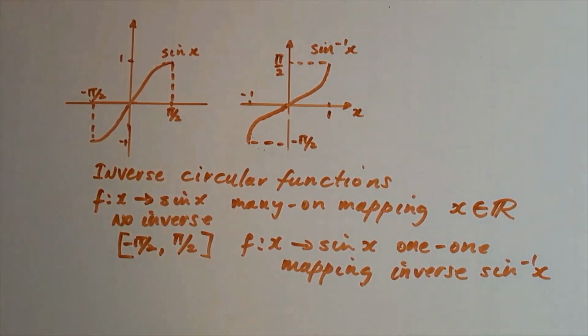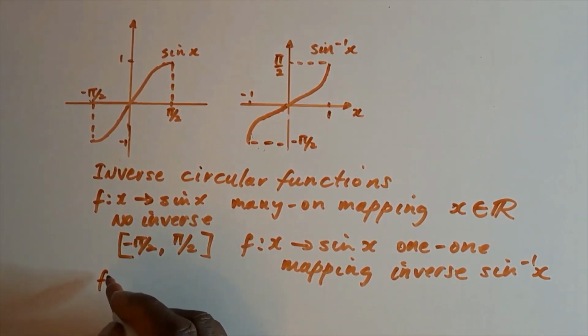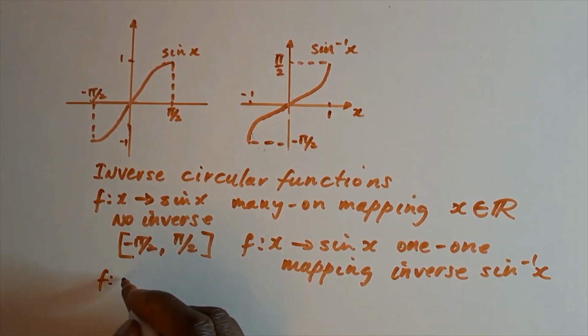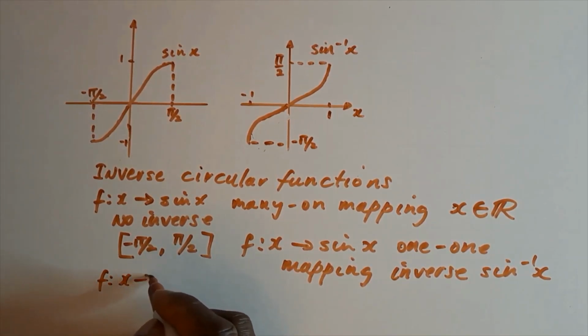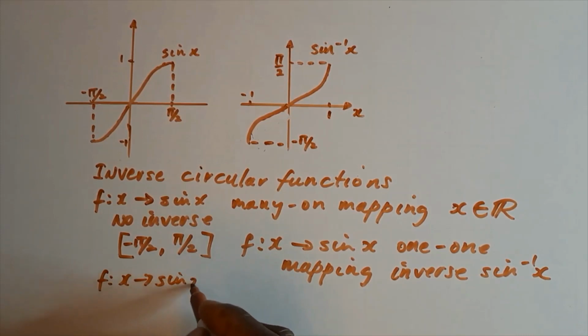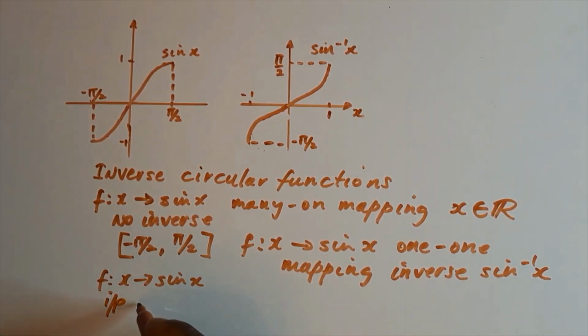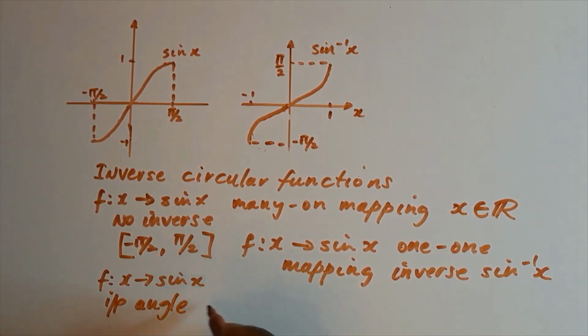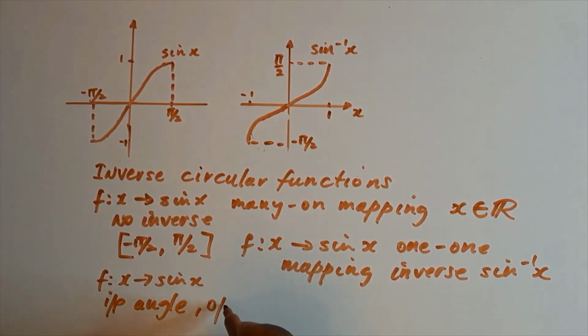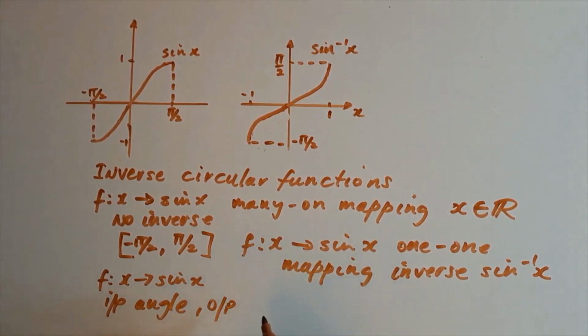Another thing to note is that for the function f, which maps x to sine x using this interval minus pi over 2 to pi over 2, the input is an angle and the output is a number.